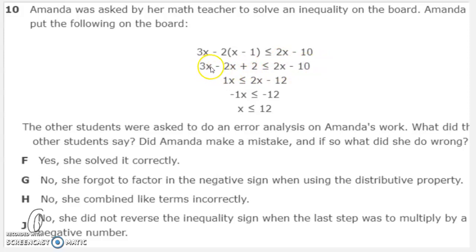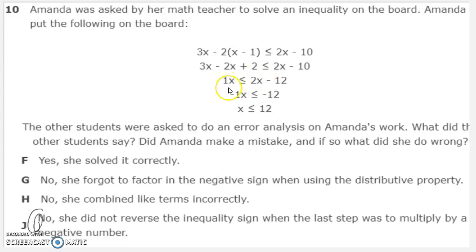She combined the 3x minus 2x and got 1x. But she also moved this plus 2. See, she subtracted, sorry, tongue twister, 2 from both sides, right? So she's left with a 1x on the left. Negative 10 minus 2 gave her that negative 12, so far she's good. Then she subtracted this 2x from both sides, right?